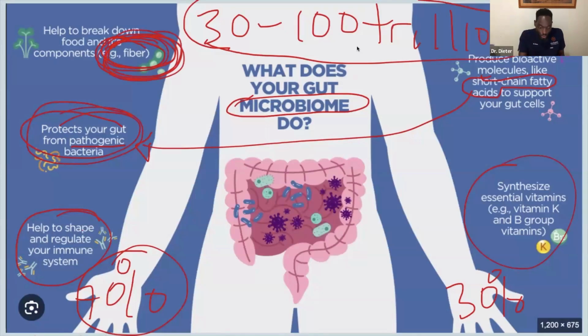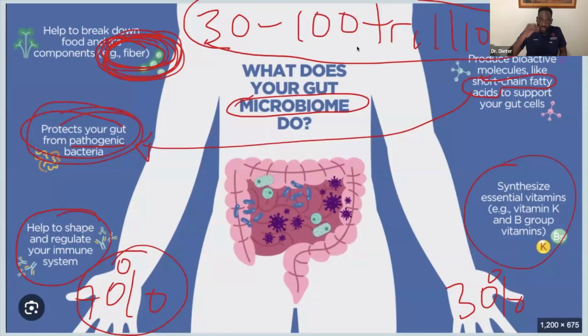Unfortunately, we do not consume enough fiber. Fiber is food for the microbiome. Every living organism, whether it's a lion in the jungle of Cameroon, where I'm from, or a bacteria in your gut, any living organism needs nutrients to survive.